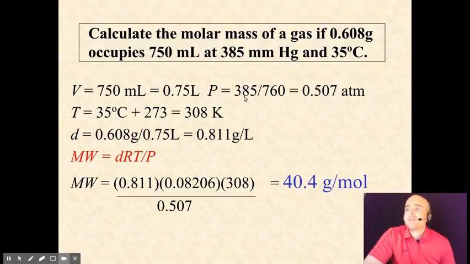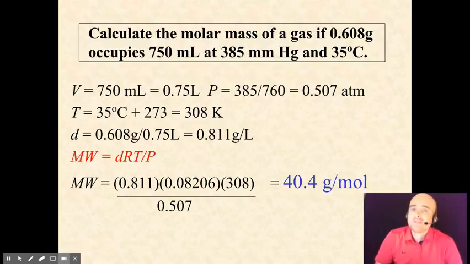My pressure, I want it to be in atmospheres so I can use the right value of R. You don't have to if you use a different value of R, but it's easier for me. So I take 385 divided by 760 and get my pressure in atmospheres. And then I convert temperature to Kelvin by adding 273.